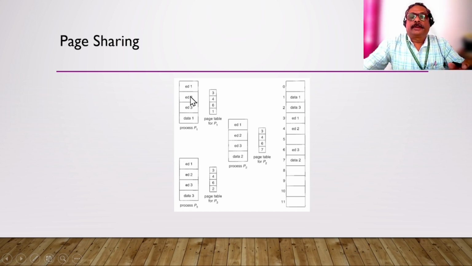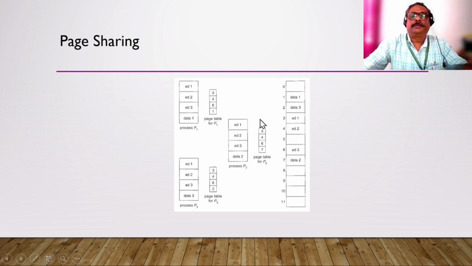One option is to have 3 copies of ED1, 3 copies of ED2, and 3 copies of ED3, one for each process. But instead of 3 copies of each, we could have only 1 copy of each: ED1 one copy, editor 2 one copy, editor 3 one copy.